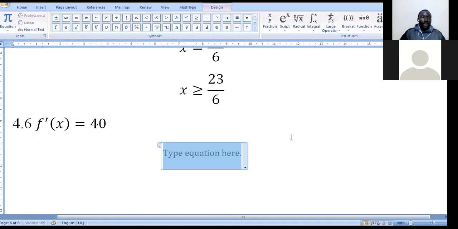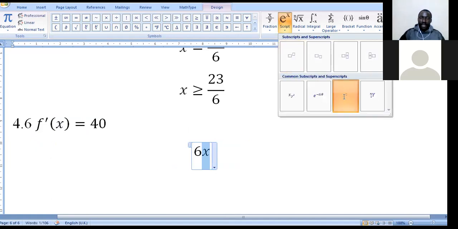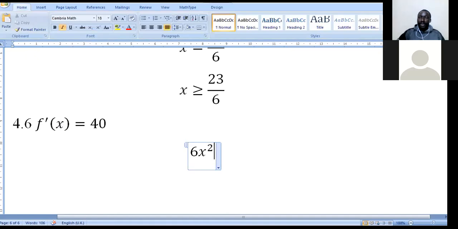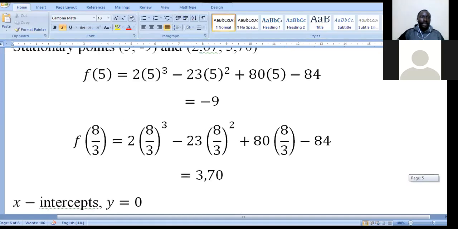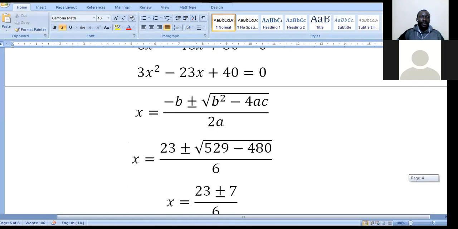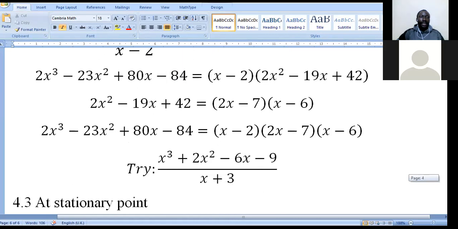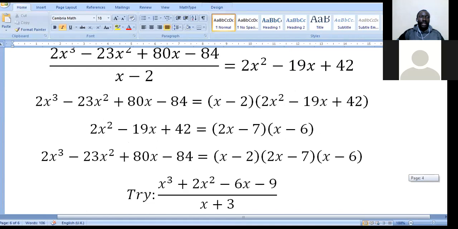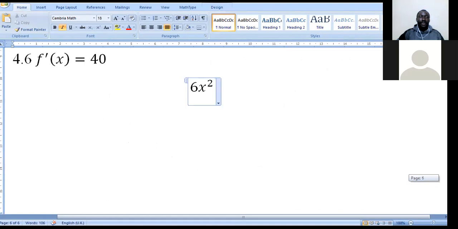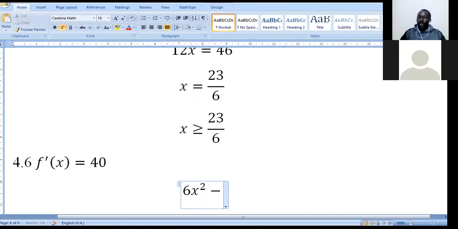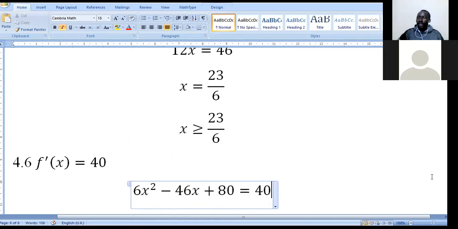And so what do we do? We just substitute. 6x squared minus 46x plus 80 equals 40.